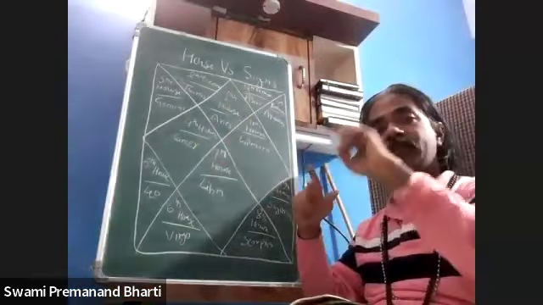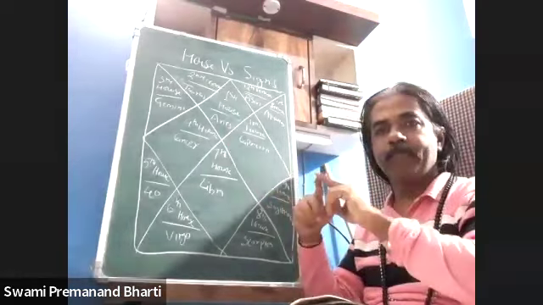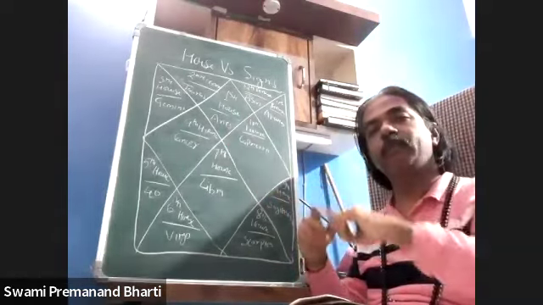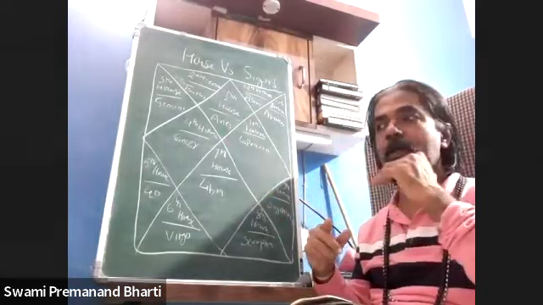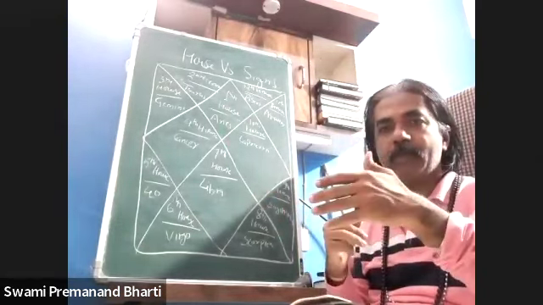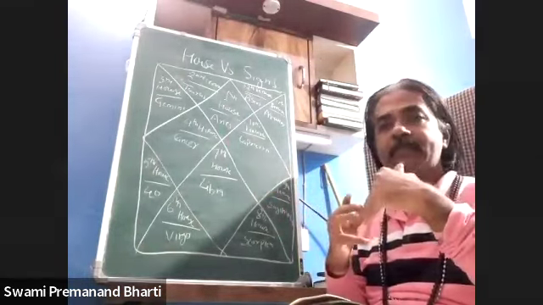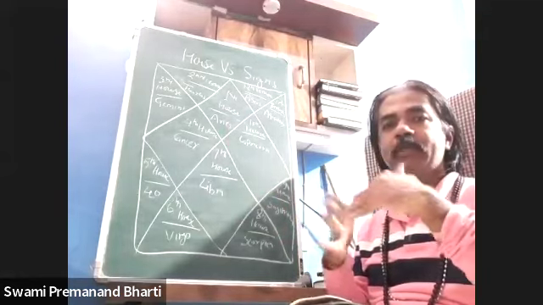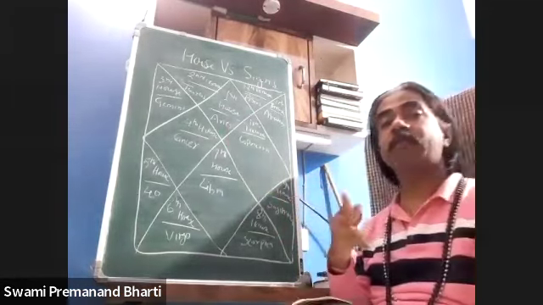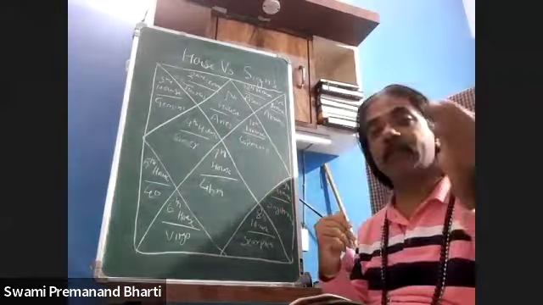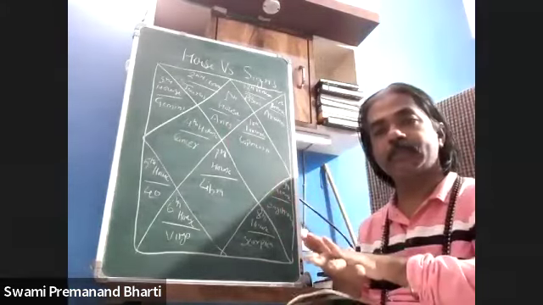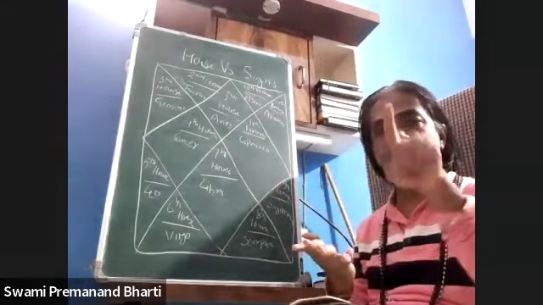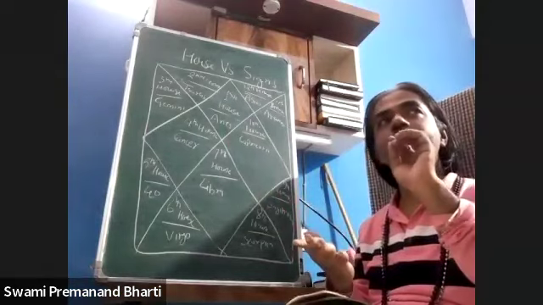So signs will change their positions; signs will go in a different order for every ascendant. What it means is that houses remain the same. It is not that for a Sagittarius ascendant some other house becomes the seventh house. The seventh house represents the same, but the signs can be different.